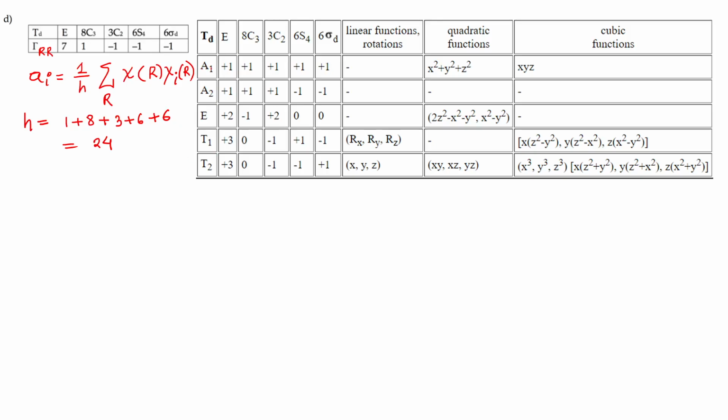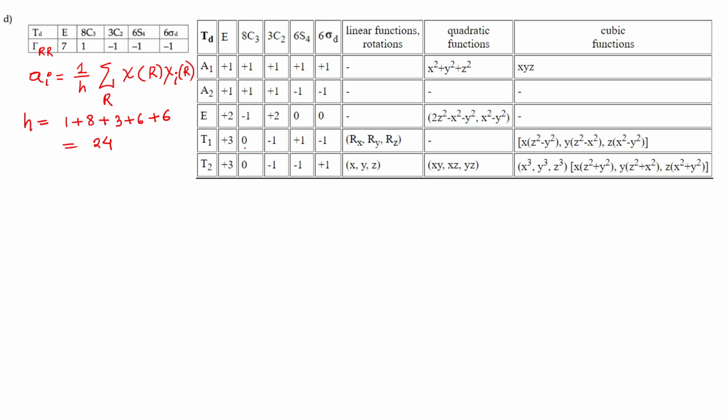There are two one-dimensional, one two-dimensional, and two three-dimensional irreducible representations. When we look at the basis set, we can see that x, y, z transform together with T2. The rotations Rx, Ry, Rz, along x, y, z, transform together along T1.